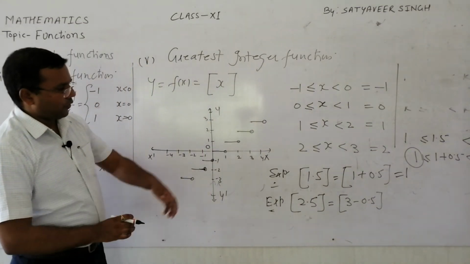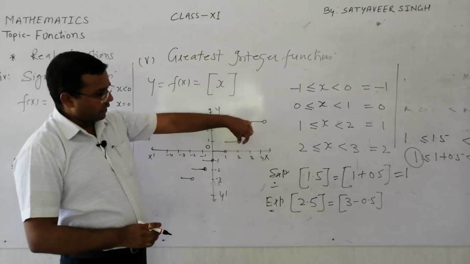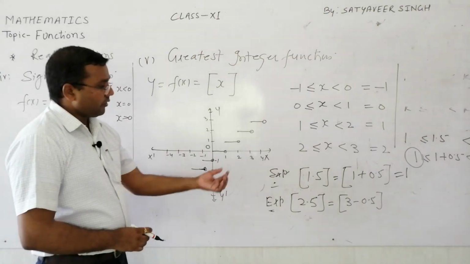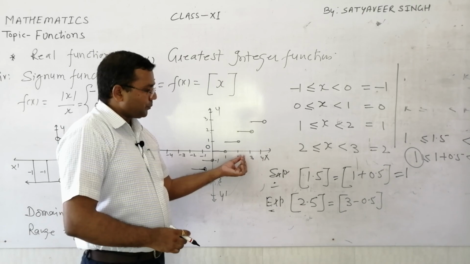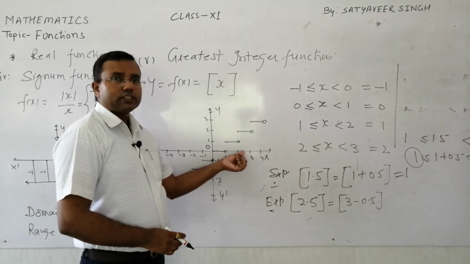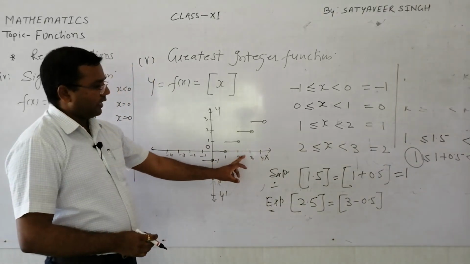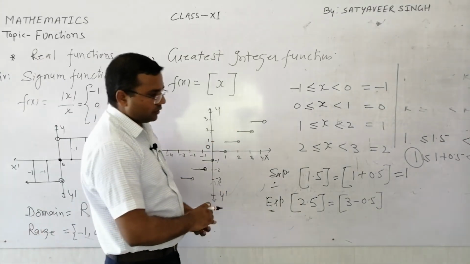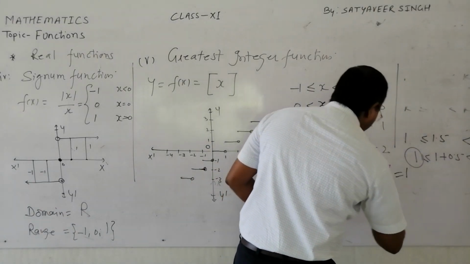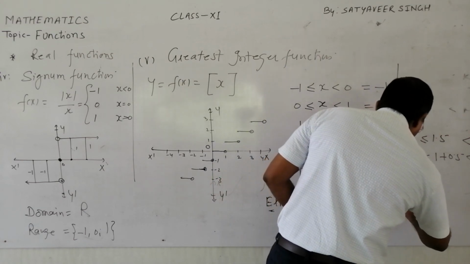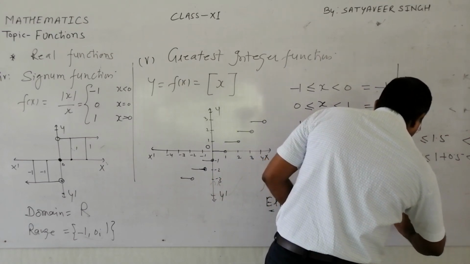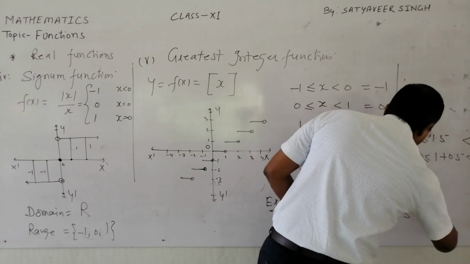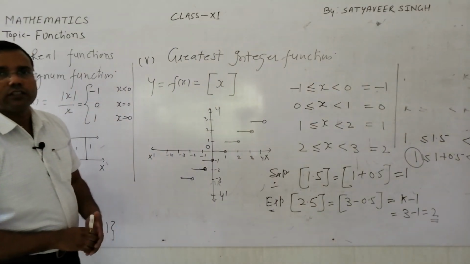See student, 2.5 you can also write as 3 minus 0.5. So if you are writing 3 minus 0.5 and it is coming in this interval, see now, it goes to 2 only, which you can write here as k minus 1, that means 3 minus 1, it is 2 only.